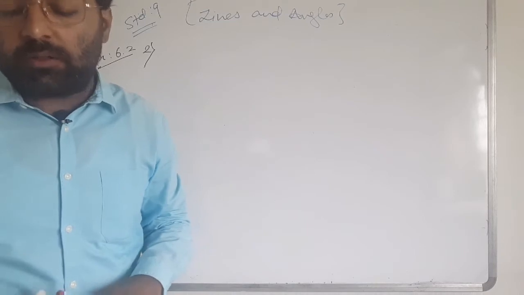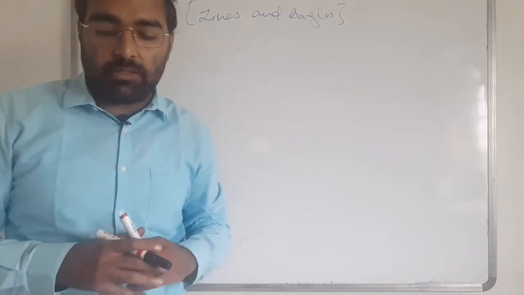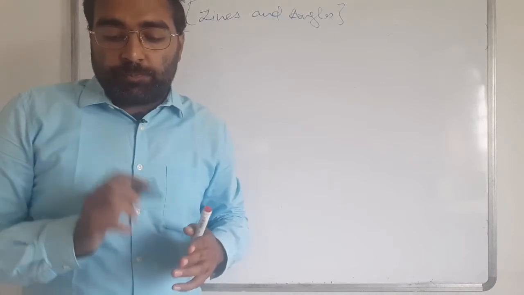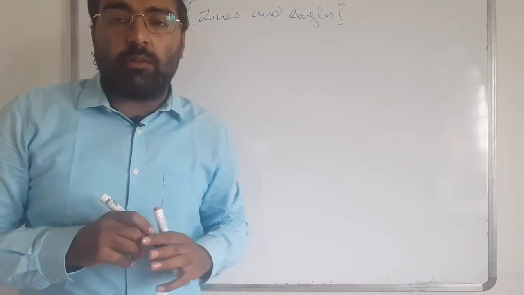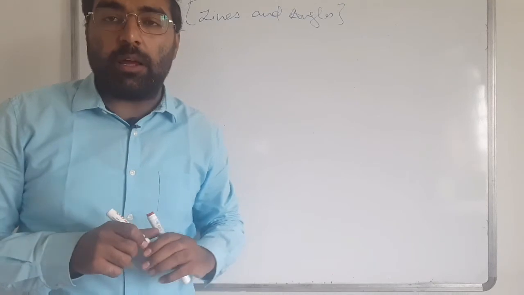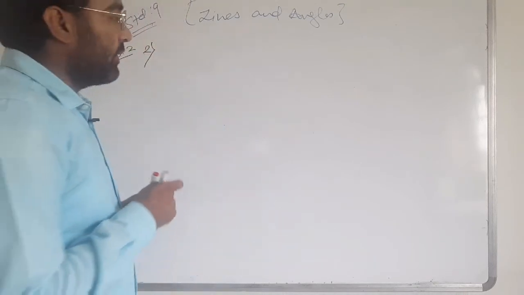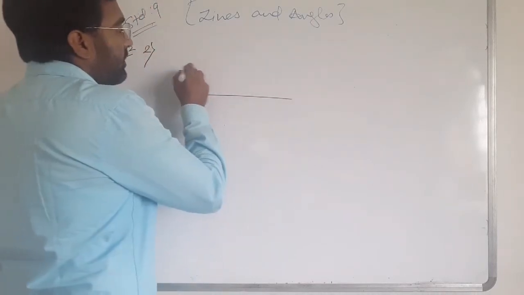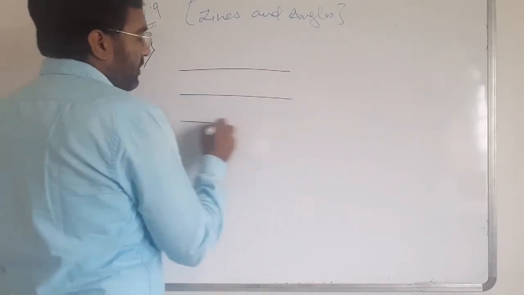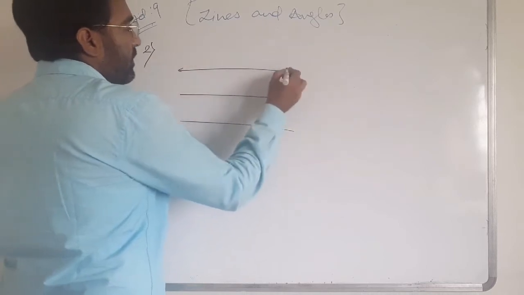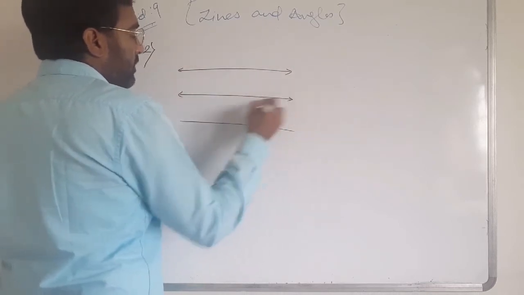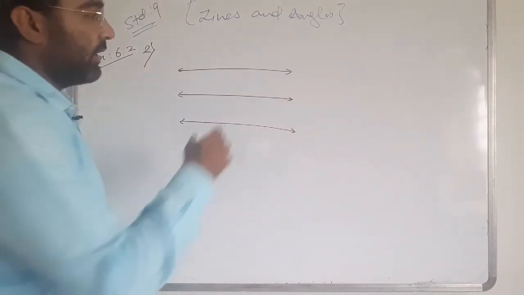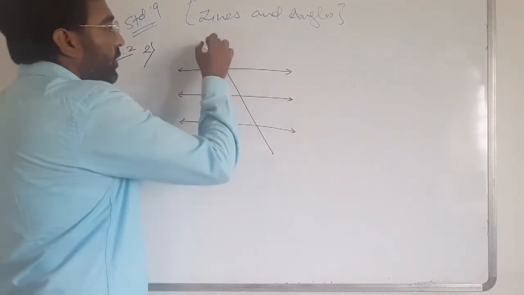In the given figure, if AB is parallel to CD and CD is parallel to EF, and y is to z is equal to 3 is to 7, find x. So three parallel lines are given, and one transversal is given in the figure.